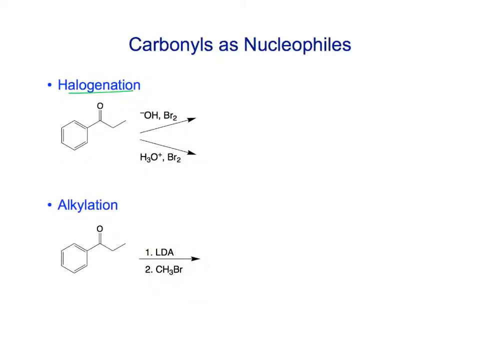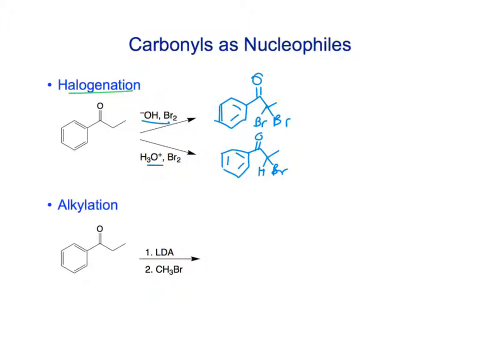If we do it under basic conditions, essentially all of the alpha positions would be substituted. If we did it under acidic conditions, one hydrogen would be substituted and the reaction would stop at that point. So we've seen how that alpha position can be a nucleophile using a halogen.